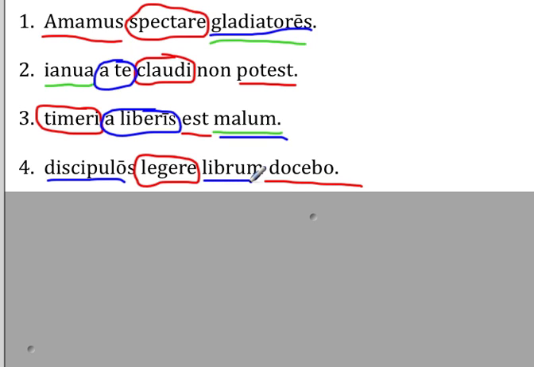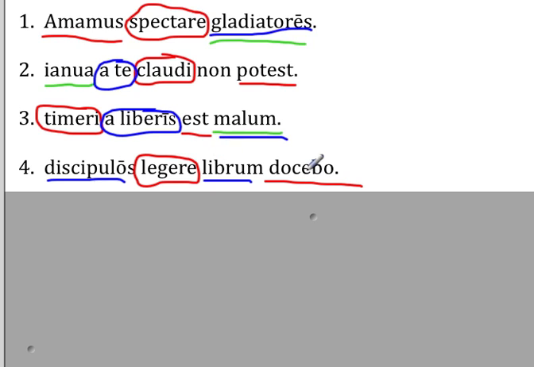That's crazy. Two accusatives, what's going on? Well, if we have two accusatives and one infinitive, quite possibly we're going to go main verb, one accusative, infinitive, other accusative. Okay? Why? Because one of these two accusatives might be the direct object of the infinitive legere.